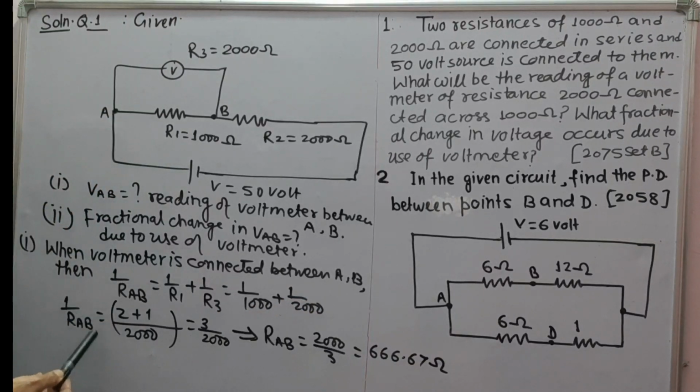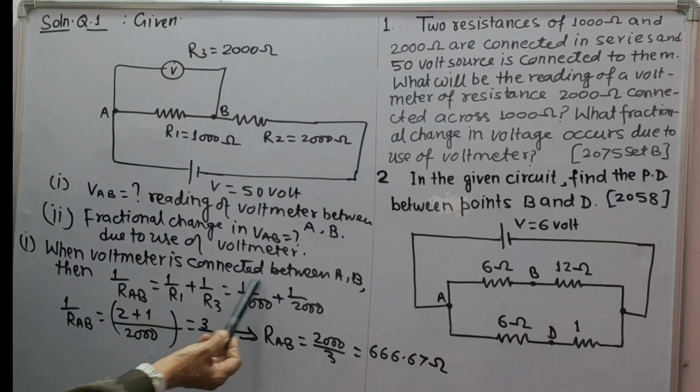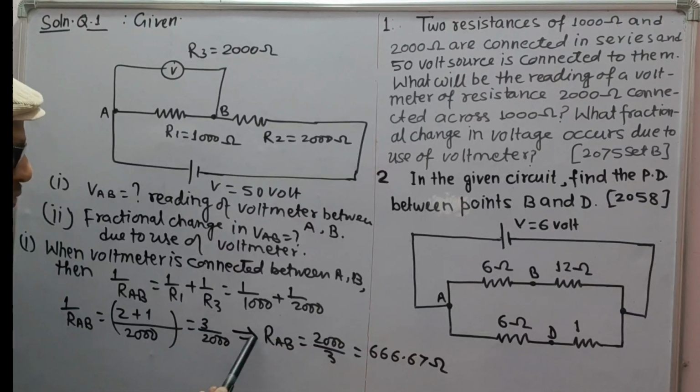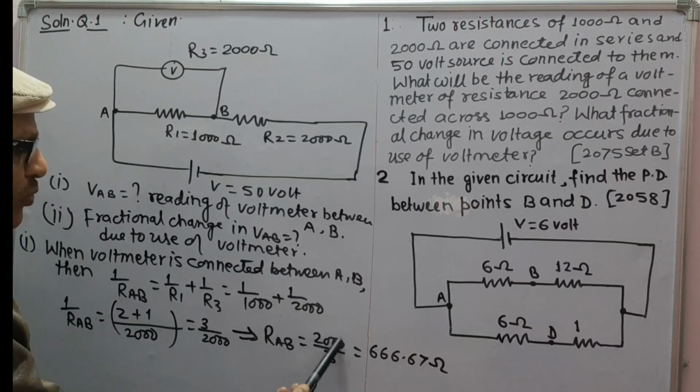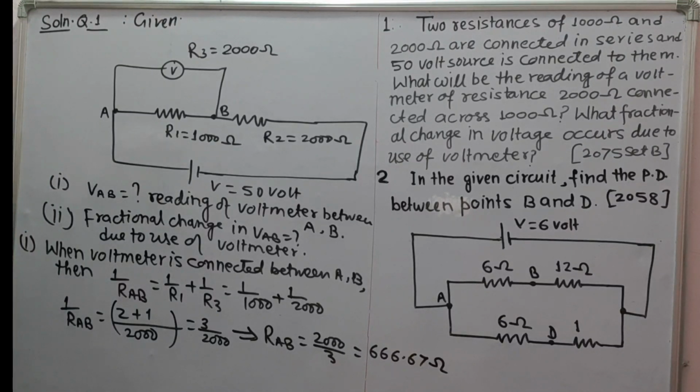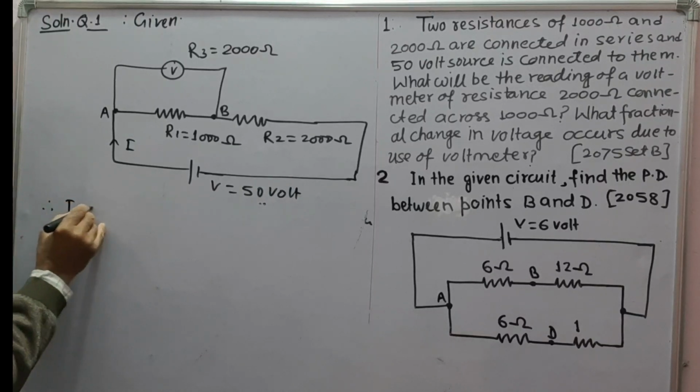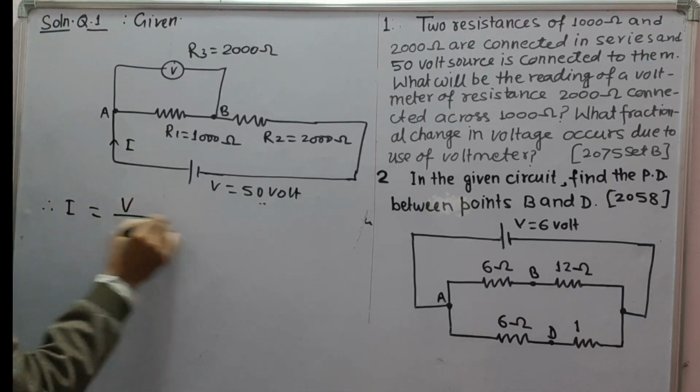Therefore, 1 upon RAB will be equal to, LCM is 2000, 2 plus 1 equal to 3 upon 2000, which gives RAB as 2000 upon 3, which is 666.67 ohms.